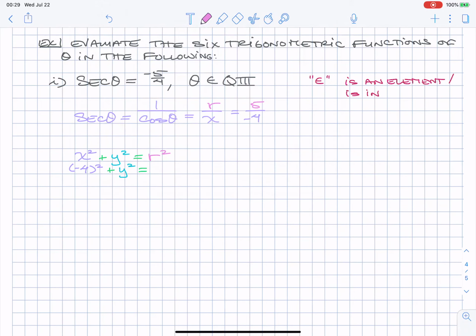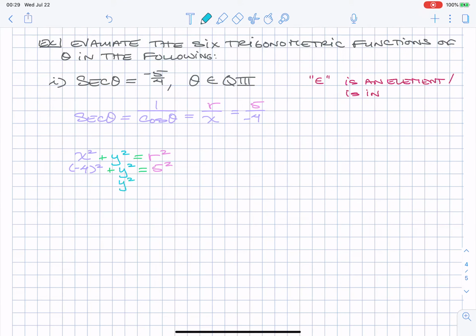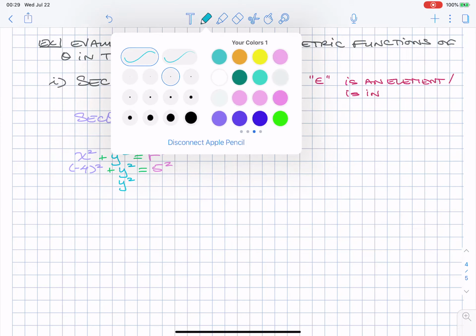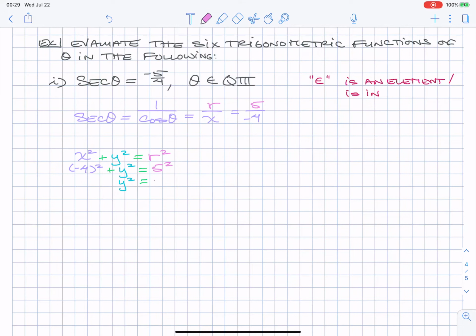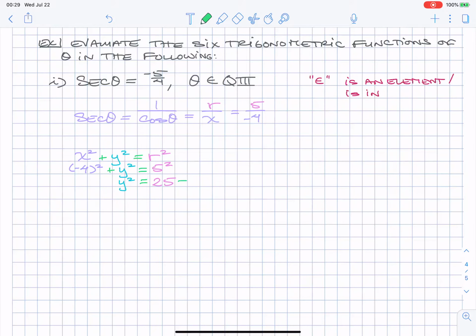Okay, so hopefully some of you recognize this as a 3, 4, 5 right triangle, but if not, let's go ahead and evaluate this. So we get that y squared is equal to 5 squared, which is 25, minus now, for a -4 squared is a negative times a negative, so it would be minus 16, because the negative is going to go away before we subtract it.